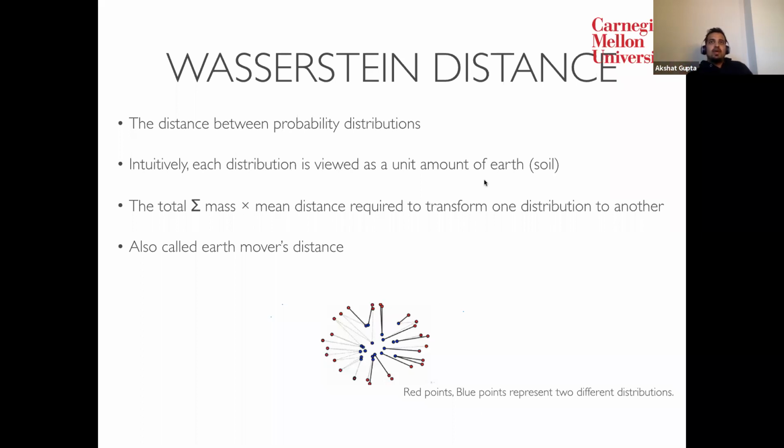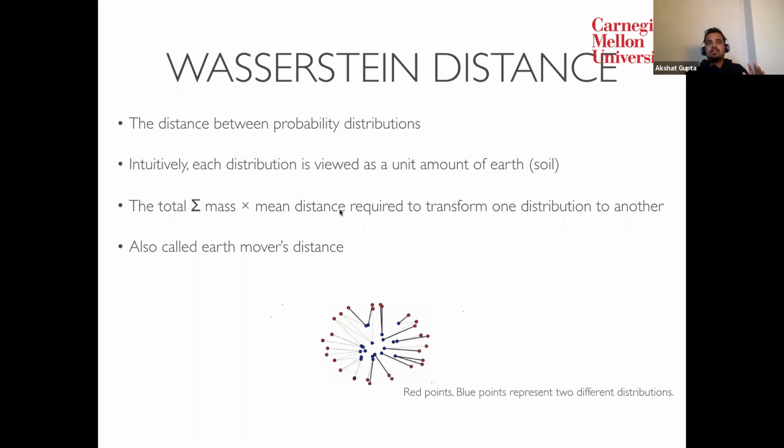A way to understand it intuitively is, let's say we have two distributions, and we represent each of the distributions as a unit amount of earth or soil. And the Wasserstein distance is the sum of the mass times the mean distance required to transform one distribution to another.